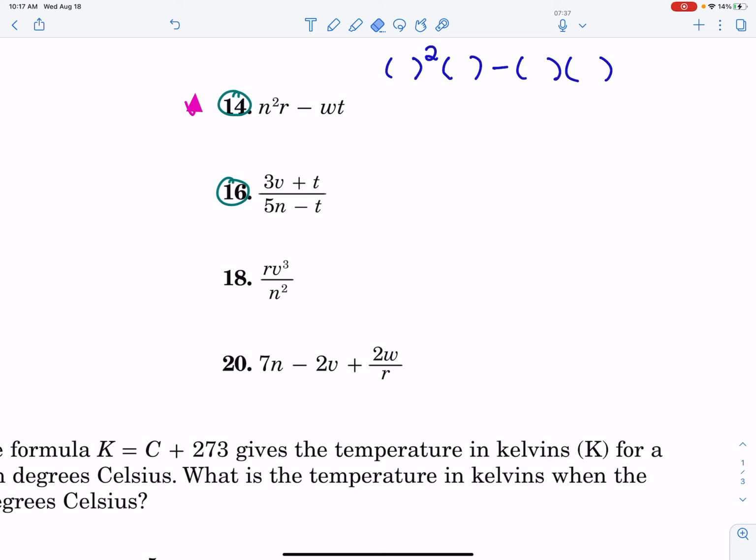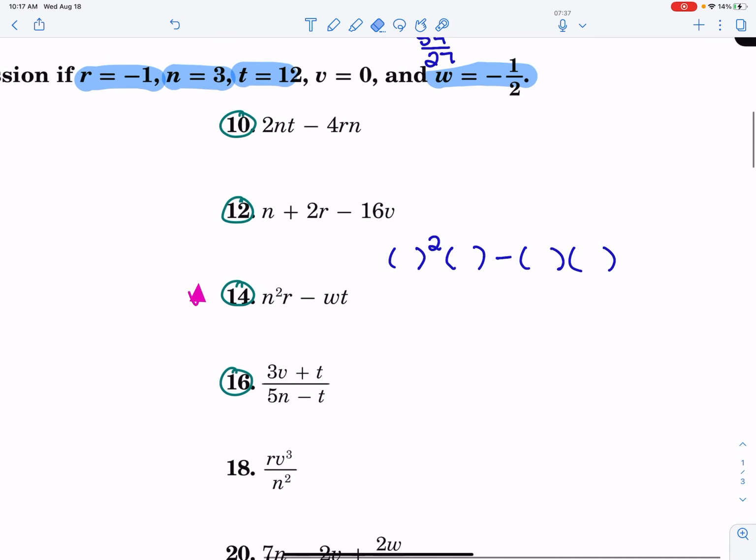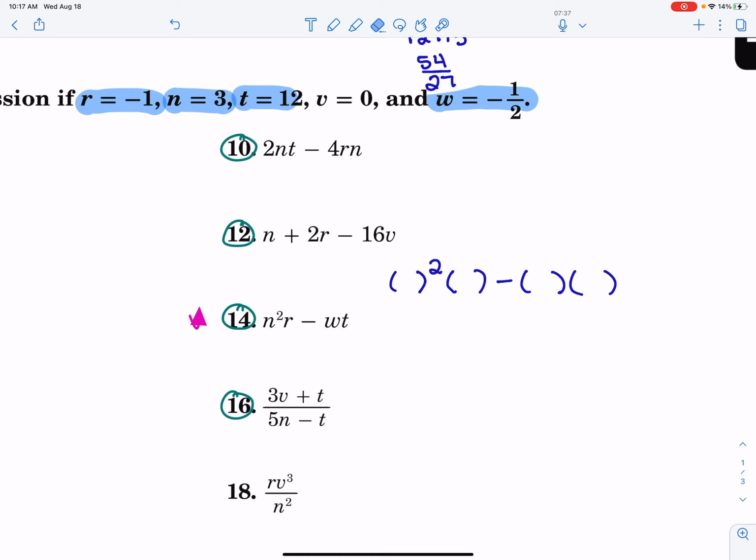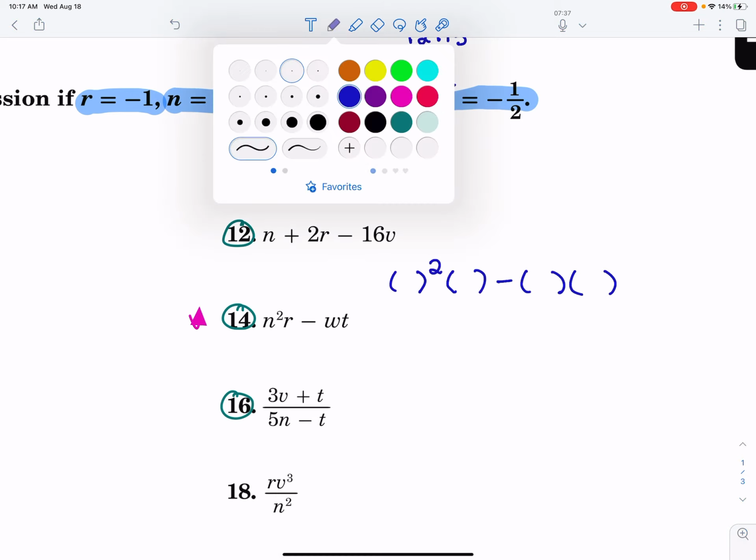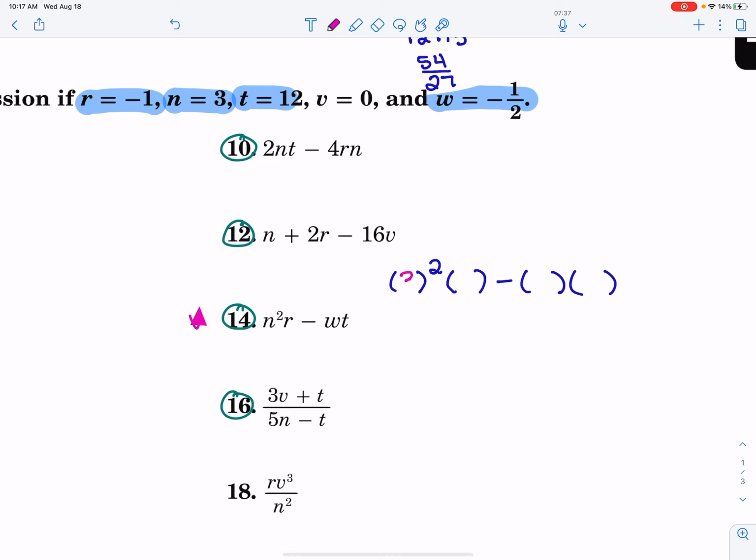Now in this one here, there's new values, new variables. Everywhere there's an n, we're going to replace it with a 3. Where there was an r, I'm going to replace it with a negative 1. Where there was a w, I'm going to replace it with negative 1/2.